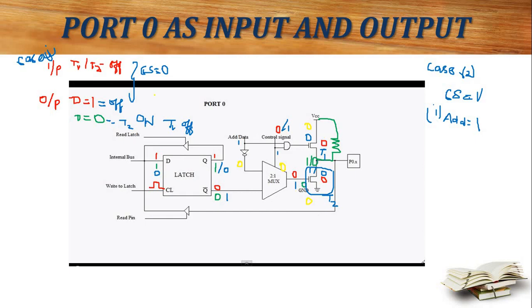And if it is off, then we'll get a 0 potential. Now check condition 2, that is when address line is equal to 0. What is the function of address line?